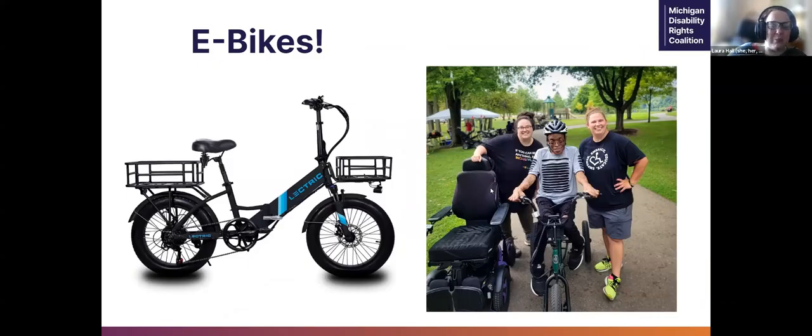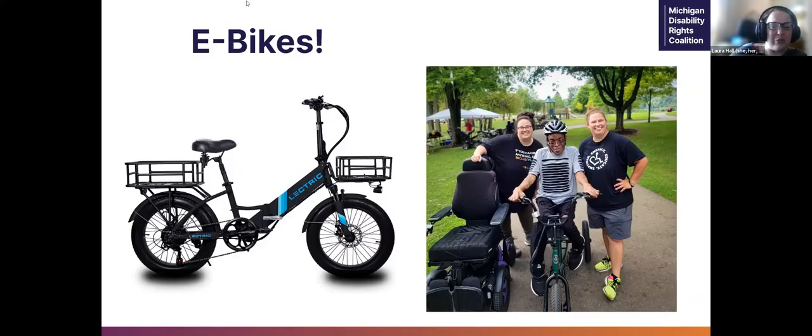They're bikes that have batteries and motors on them, so you can adjust how much force it takes to pedal the bike. You can have the full motor on and use it more like a motorbike, or you can dial it back and have it somewhere in between, depending on what you need.